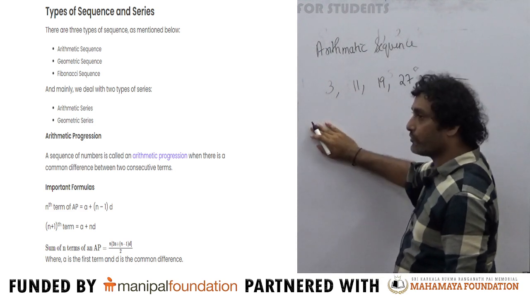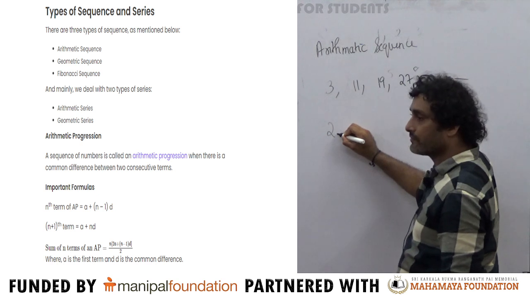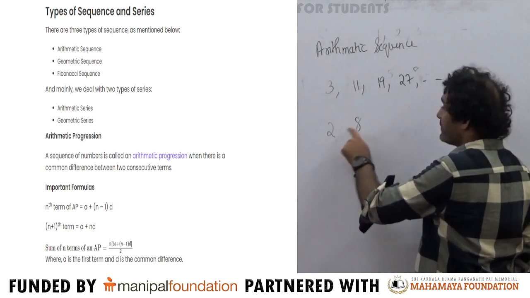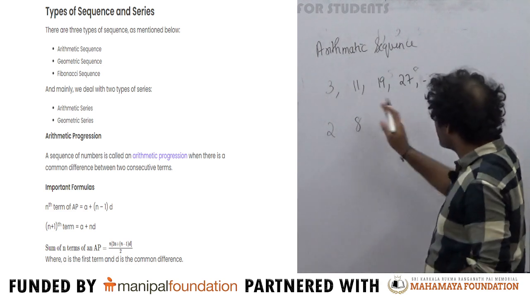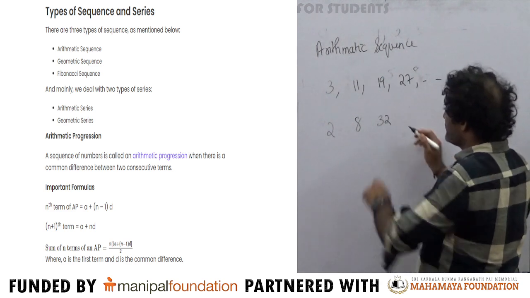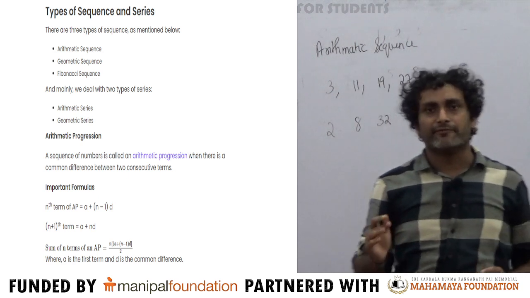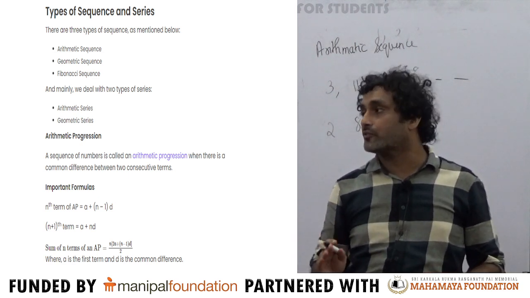So, geometric, we'll come into the depth of it, okay? What is a geometric series? Suppose the first number is 2, the next number is 8. What you do is 8 by 2, which is 4. So, for the next number, you multiply this by 4, that is 32. See, 32 by 8. Is it a difference or a ratio? Ratio, right? So, we call it the common ratio.